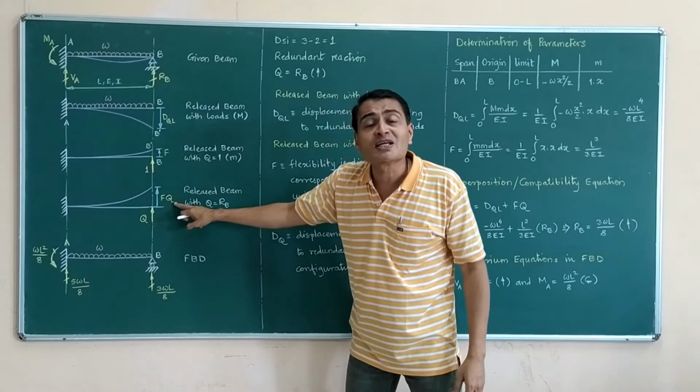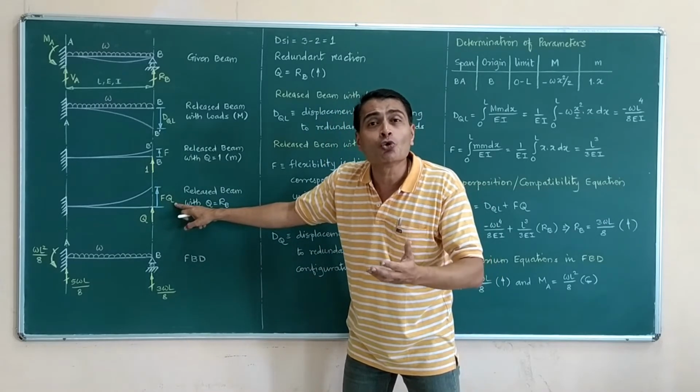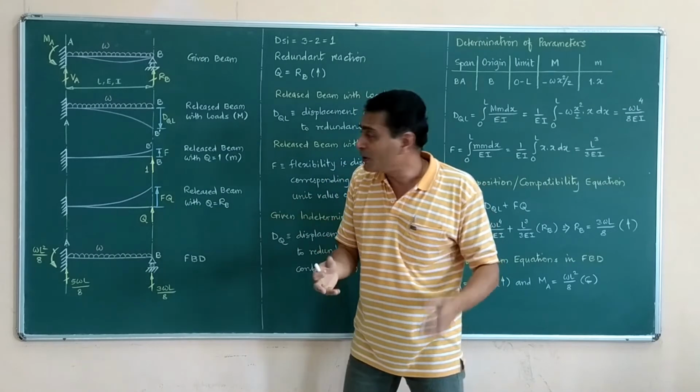Why have I shown the displacement here as F into Q? The arithmetic is very simple.